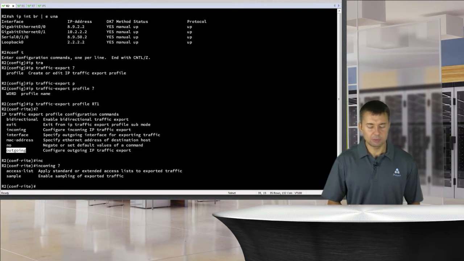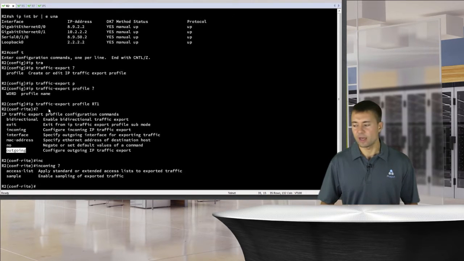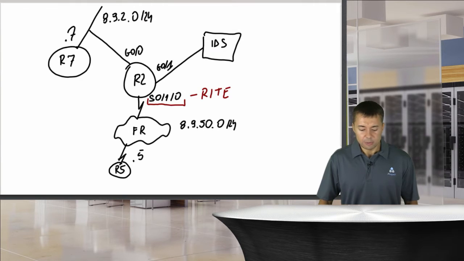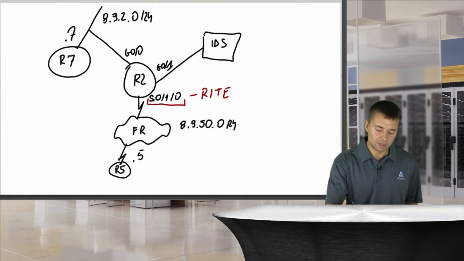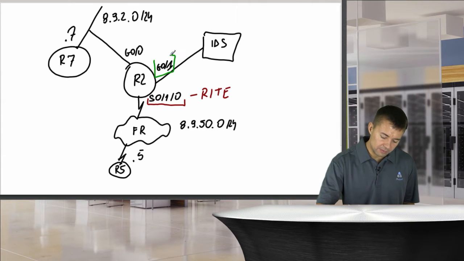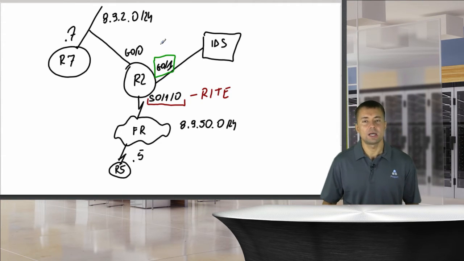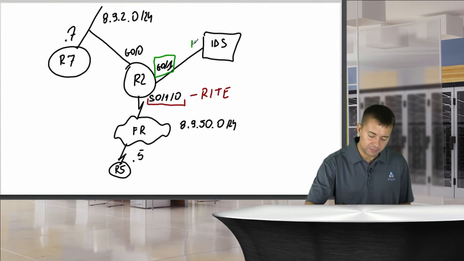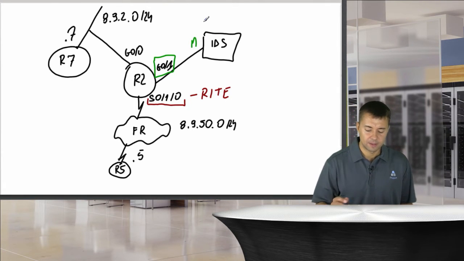Okay, so initially we will start with a really basic configuration. The bare minimum config is going to be to specify the MAC address of the analysis station. And in our case, this is IDS. And we see that this IDS is reachable, is connected to Giga1. Once again, IDS. I'm going to use specifically the management interface of the IDS.